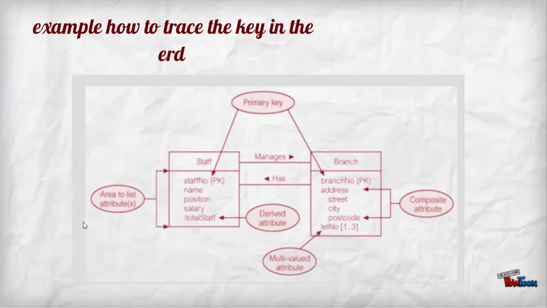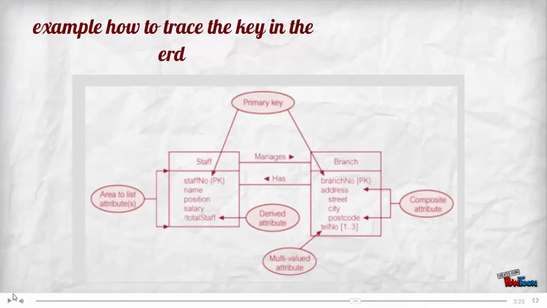As an example of how to trace the keys in the ERD: for the staff and branch, each has its own primary key, which will represent the uniqueness of each entity. For the staff, the primary key is staff number, while for the branch, the primary key is branch number.